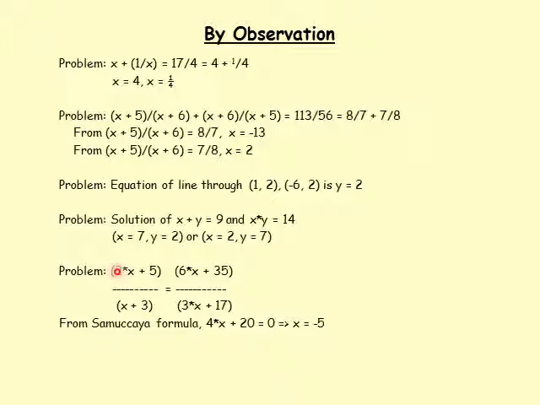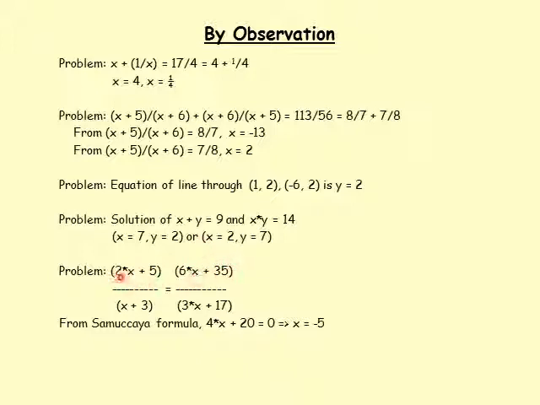Okay, now let's solve another. There's a Samuchaya sutra we have, and there are numerous forms of it. So the equation is (2x plus 5) divided by (x plus 3) equals (6x plus 35) divided by (3x plus 17). Here, if you observe, with the numerators n1 and n2, n1 plus n2 is 8x plus 40, and the denominators add to 4x plus 20.